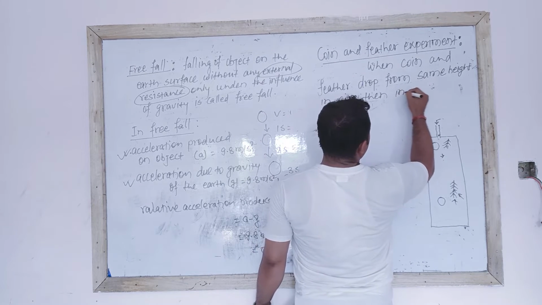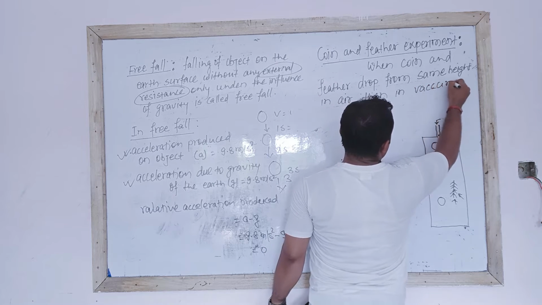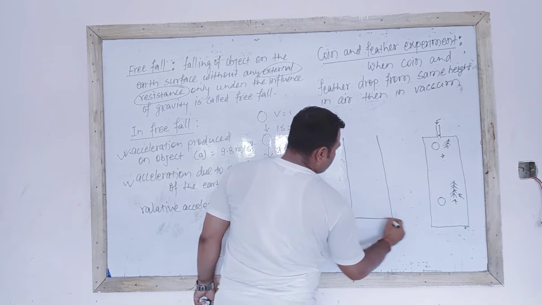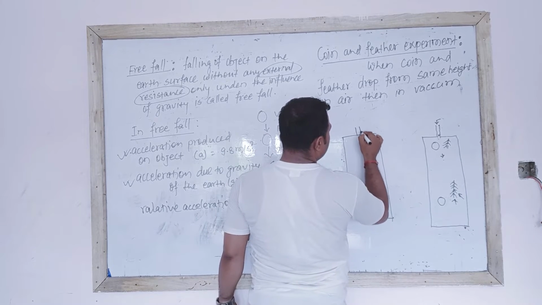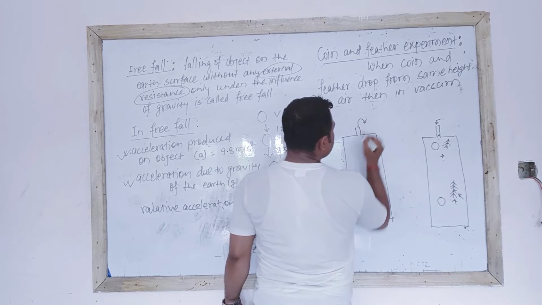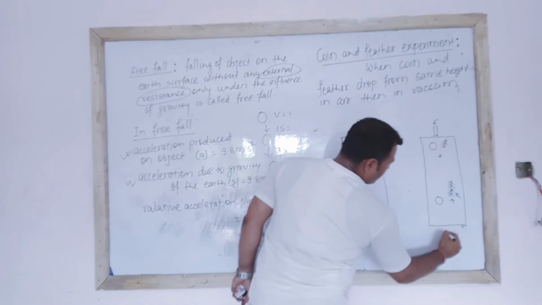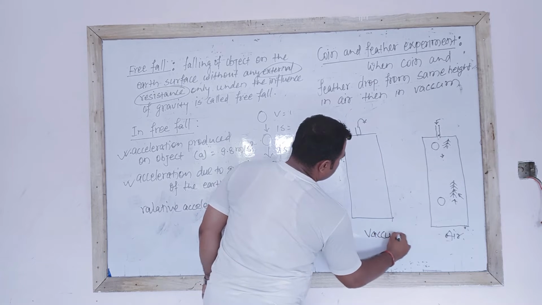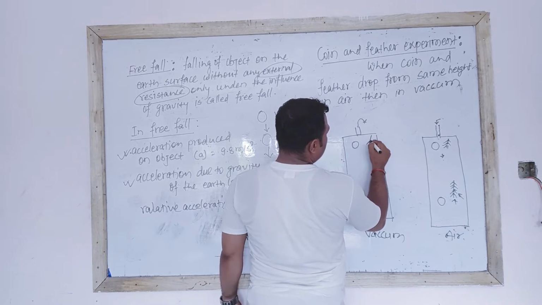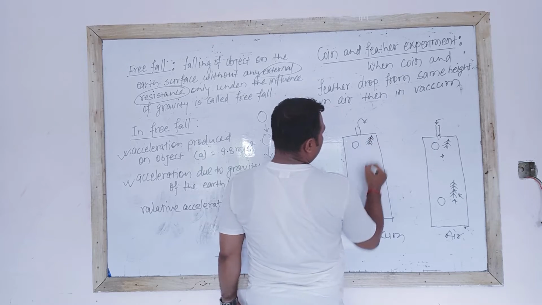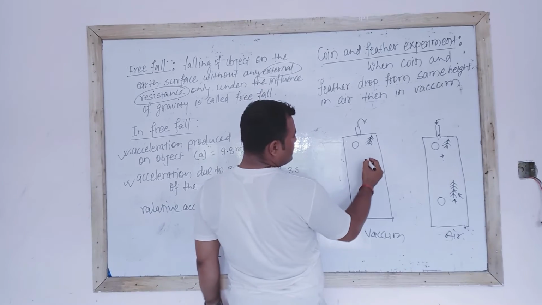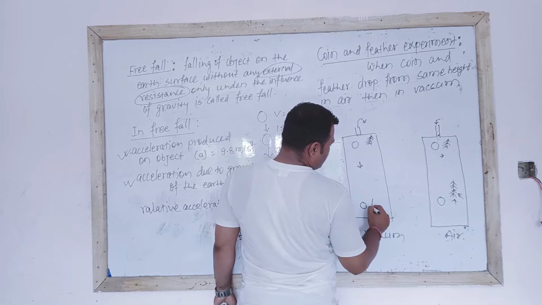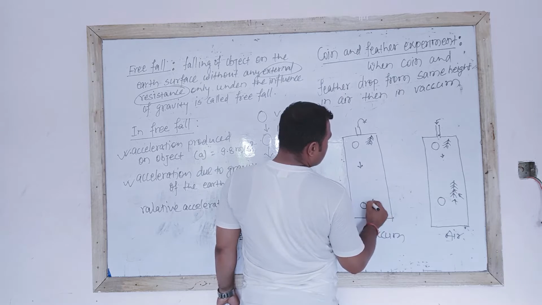Then in vacuum, in another cylinder, air is removed from it. It is evacuated. Here it is in the presence of air, and here in vacuum. When the coin and feather are both dropped from the same height at the same time, it is found that both strike the ground at the same time.